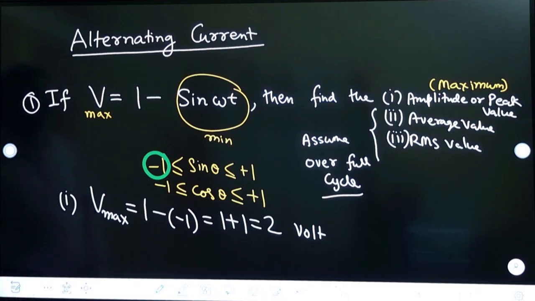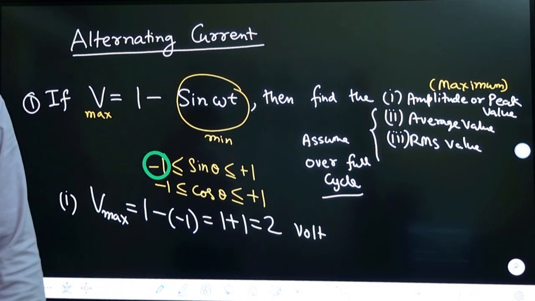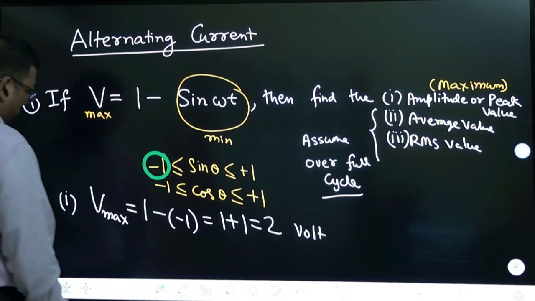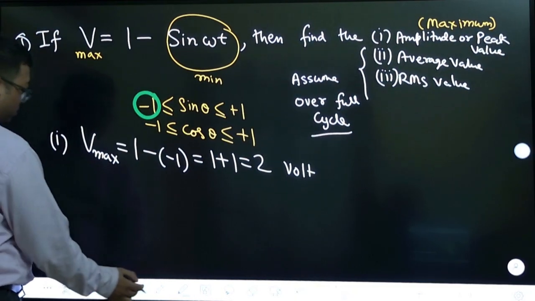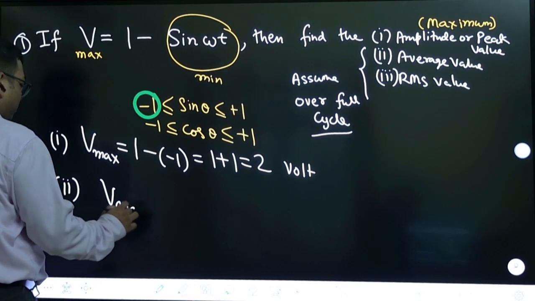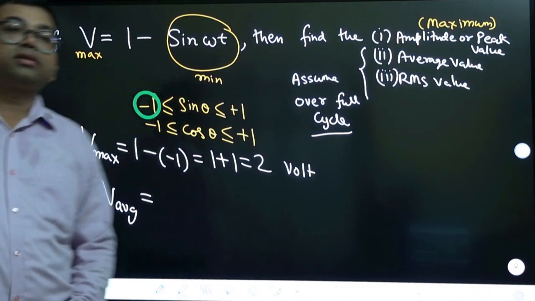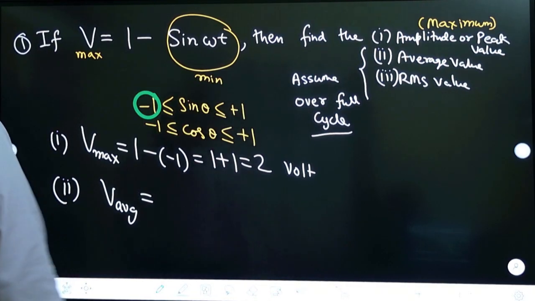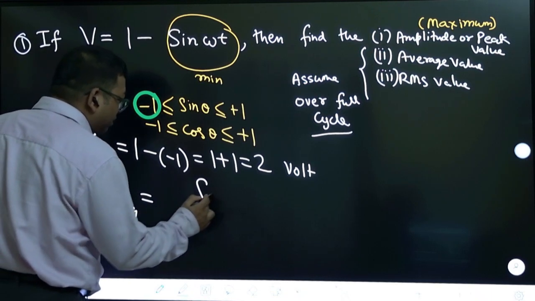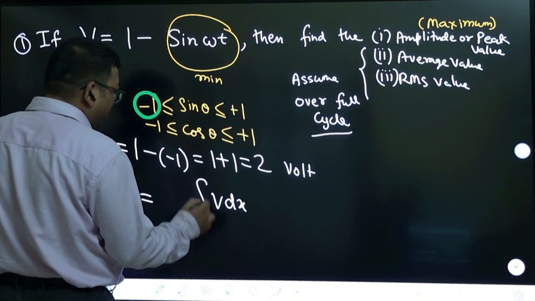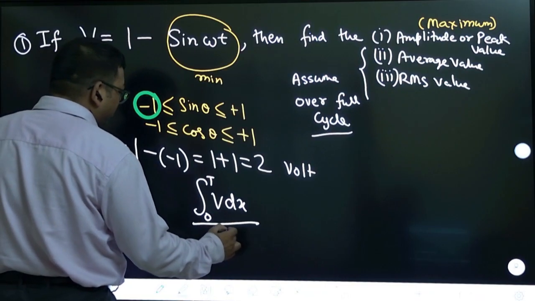Second one, how to calculate the average value. Remember the average value: yes, Sam, you are right. Integration of v dt, and you have to take the interval 0 to T, the cycle time, divided by the time interval, which is T only, right?